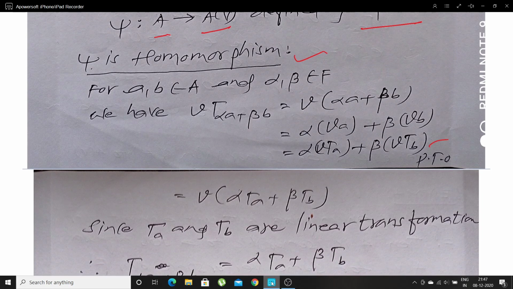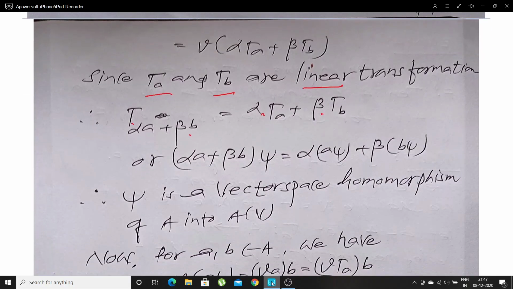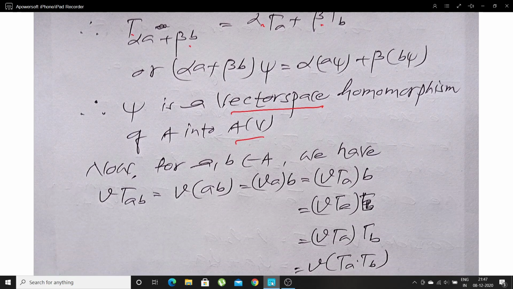What it indicates, if T_a and T_b are linear, then their sum T of (alpha a plus beta b) can be written as alpha dot T_a plus beta dot T_b. This indicates clearly it is a map from the vector space V into A(V). Now we have to verify the other condition of a linear transformation, that is scalar multiplication of a vector.